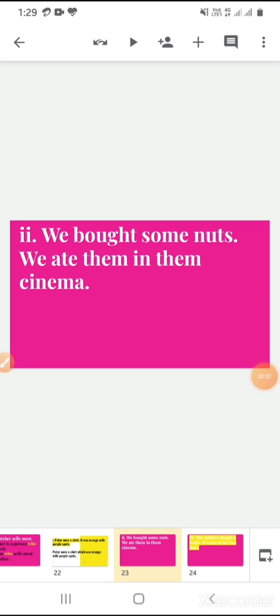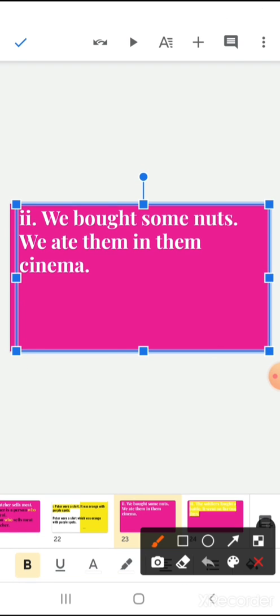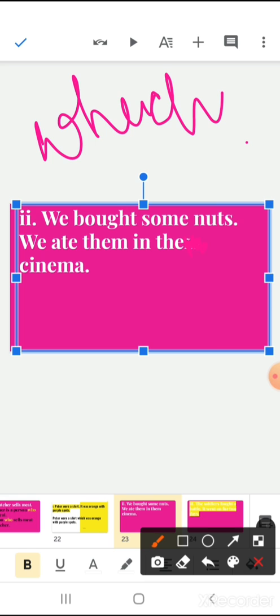We bought some nuts. We ate them in the cinema. We have to use which.